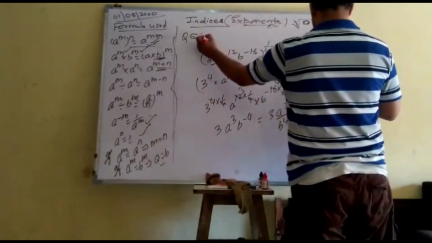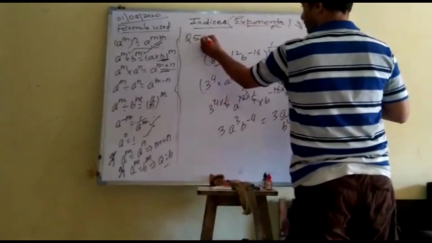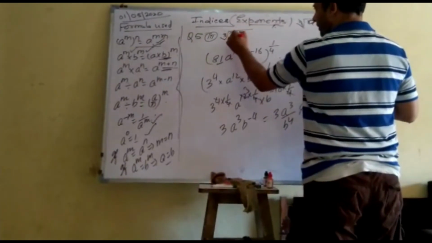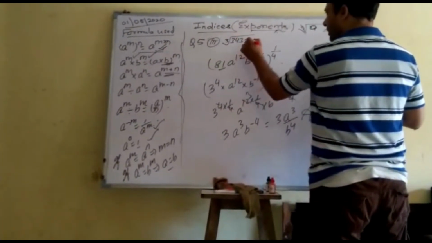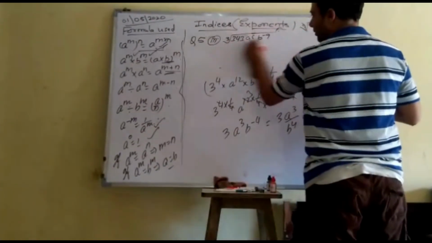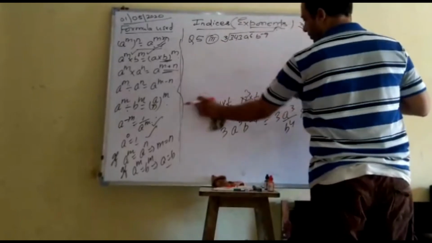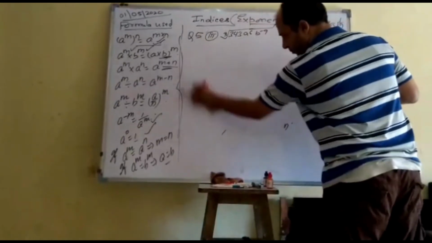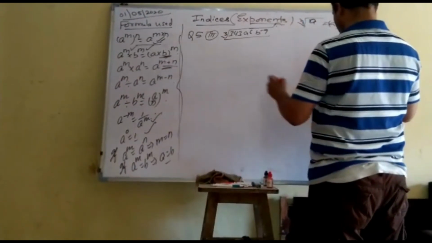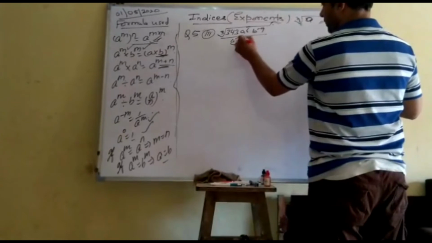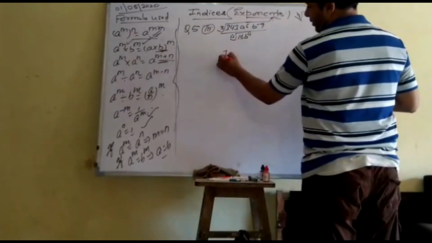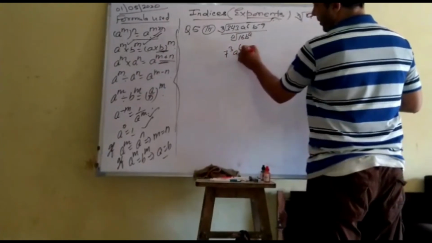So look at the third part: cube root of (343 a raised to power 6 into b raised to power minus 9) whole upon 4th root of 16 b to the 4. Right? So 343 means what? 7 cube, a to the 6, b to the minus 9.